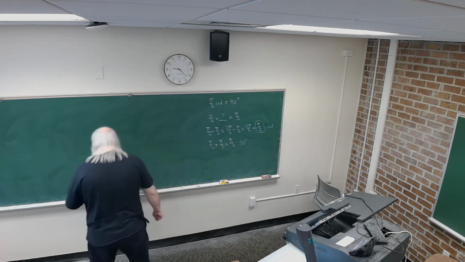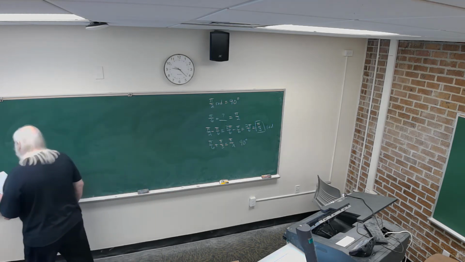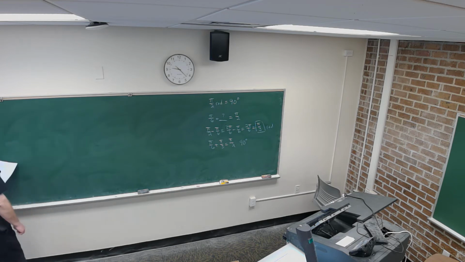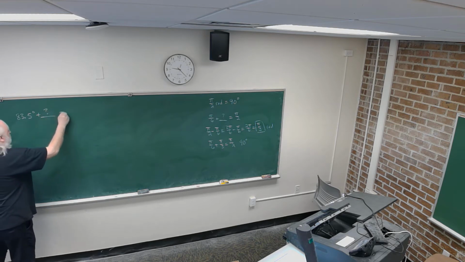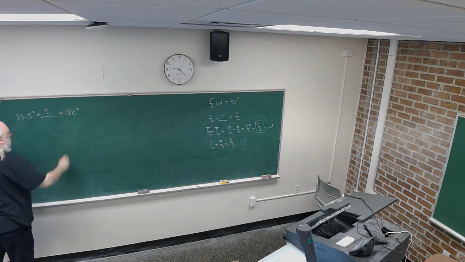Find the angle that is supplementary to 83.5 degrees. Okay. So two positive angles are supplementary if their sum is 180. So we have 83.5 degrees plus some unknown angle has to equal 180 degrees.